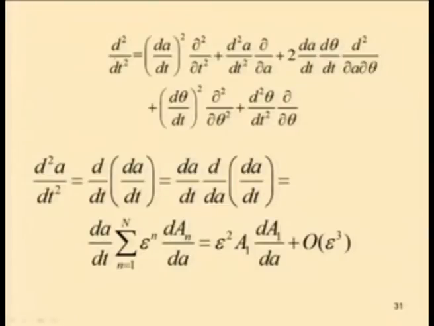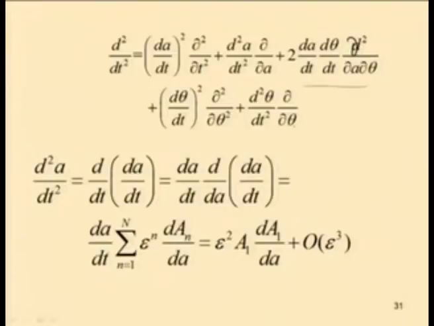This d square by dt square can be written as d by dt of d by dt, and by expanding that, one can write this will be equal to dA by dt whole square into del square by del a square, plus d square A by dt square into del by del a, plus 2 into dA by dt into d theta by dt into del square by del a del theta, plus d theta by dt whole square into del square by del theta square, plus d square theta by dt square into del by del theta.